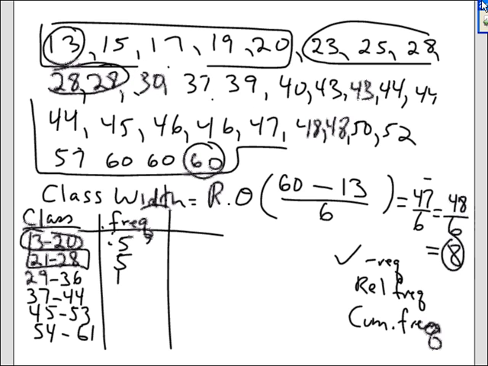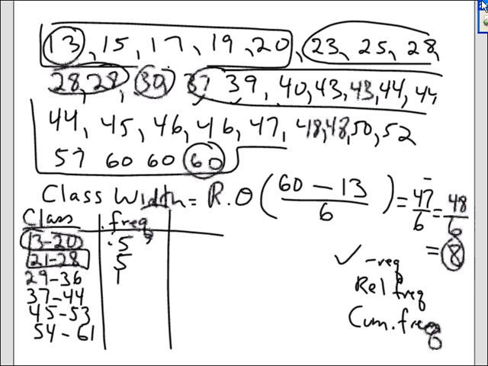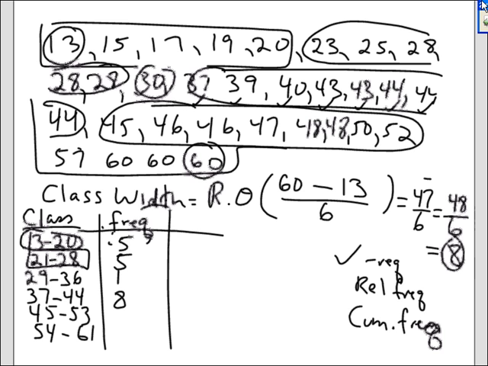I made a mistake. Okay, next class is 37 to 44. Well, we have all of these numbers, and I have to look to see if there's any more. But 1, 2, 3, 4, 5, 6, 7, and 8. And 45 to 53, almost everything on this row and nothing on the next row, because it starts above 53. 1, 2, 3, 4, 5, 6, 7, 8.